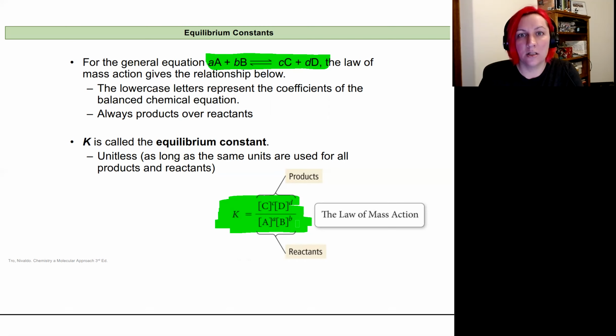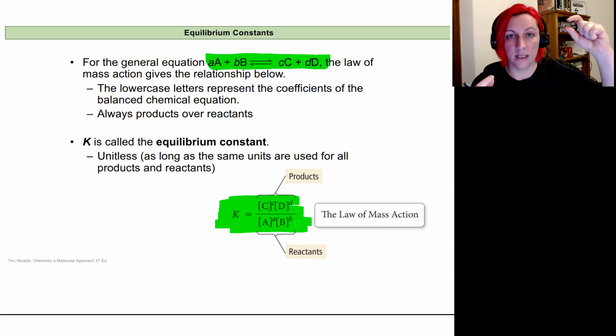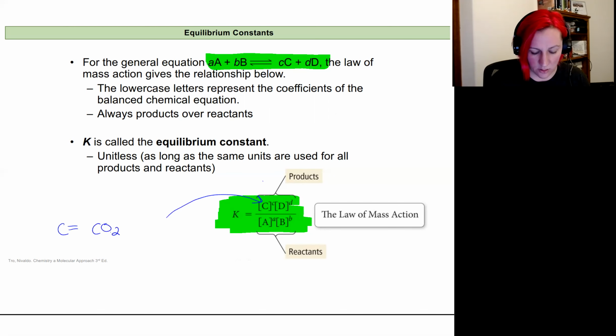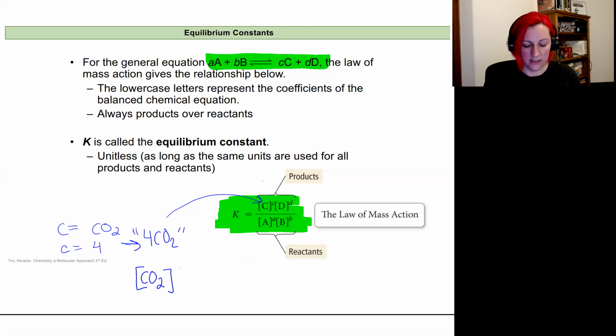Then we take into account the coefficients and how much the reaction relies on that reactant or product by making the coefficients the exponent on our concentration. For example, if C was CO2 and little c was equal to 4, so we had 4 CO2 as one of our products, then we would write the concentration of CO2 to the power of 4.